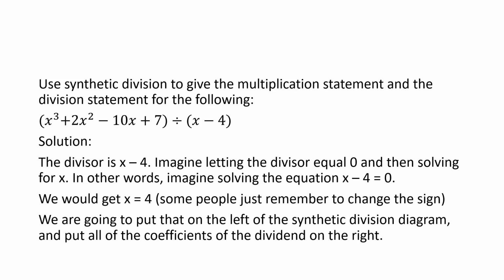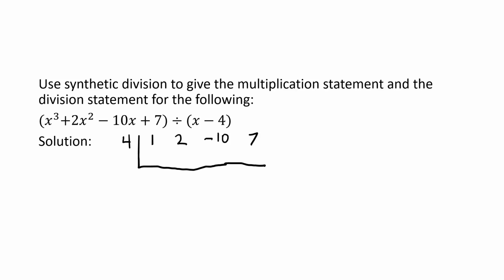The reason why we do that is for some students they think they change the sign, and others will say what we're going to do is imagine solving the equation x minus 4 equals 0. However it is that you think of that, when you see a divisor of x minus 4, put a positive 4 next to the synthetic division lines, and then put the coefficients of the dividend in to the right, as we've done here.